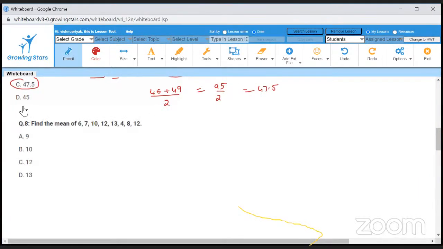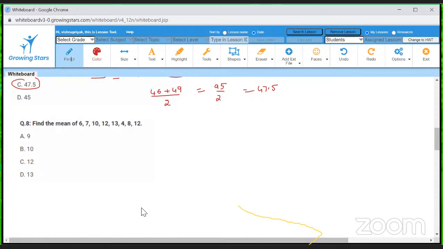Okay, next question. Try this. Many are not participating, only a few are giving the answers, like Samarth, Lohit, Vidya, Kumar. Only these are giving the answers, not all.